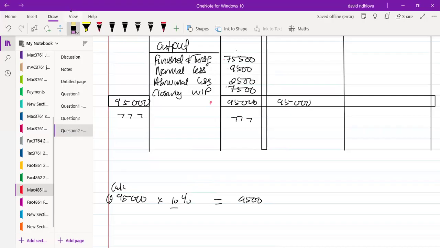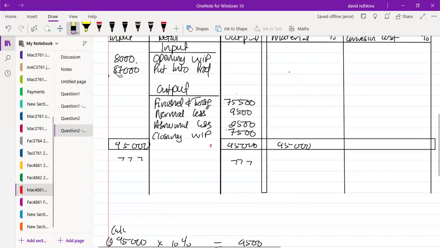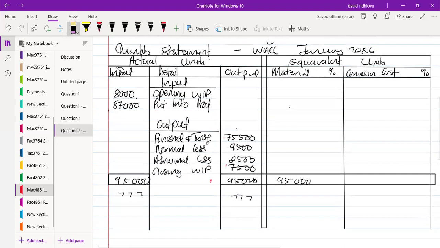Now, all material that you have is included at the beginning of the process. So what it tells you is that all units that you have in terms of your production are complete in terms of material.